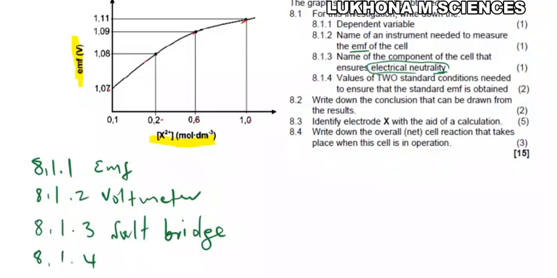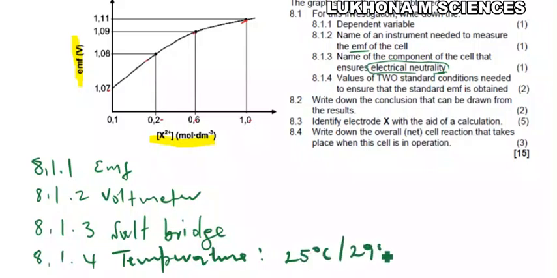So the value of the temperature should be 25 degrees Celsius, or it is supposed to be 298 kelvins. So that is the standard temperature for the galvanic cell.